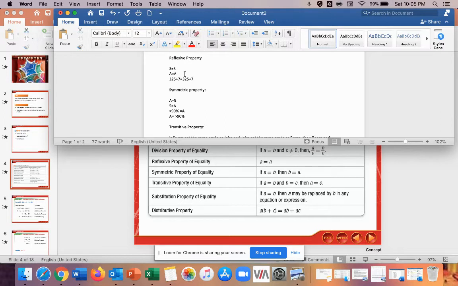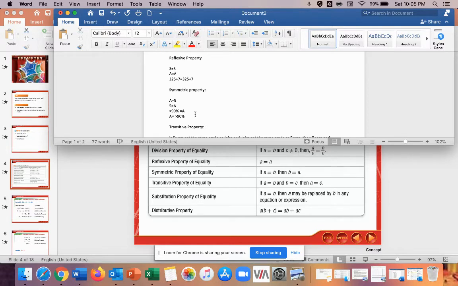You have the same amount of pizza boxes on both sides. Symmetric property: if you've got A equals 5 on one side and 5 equals A on the other side, they're the same thing. If greater than 90% is an A, then an A equals greater than 90%. It's the same thing for equality, okay?